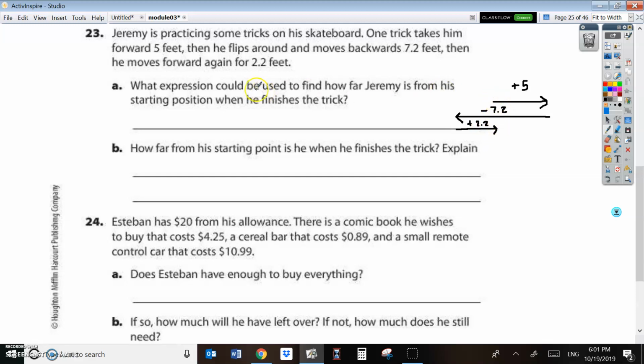Now let's do the math to check and see if that's right. So 5 is positive because it's forward, minus 7.2 because he's going backwards, and then plus 2.2. Okay, so this expression could help us. So how far from the starting point is he when he finishes the trick? Well, he starts in the same spot, right? And he's back to the same spot.